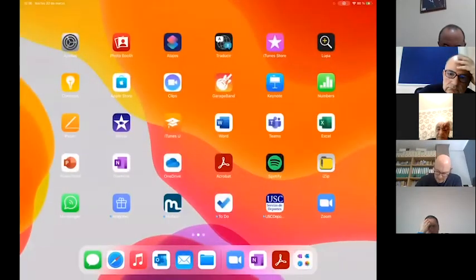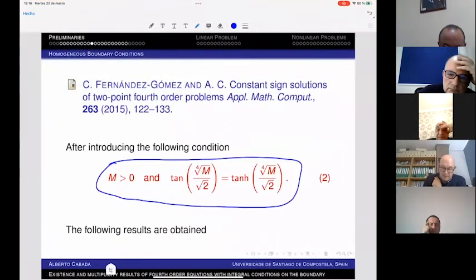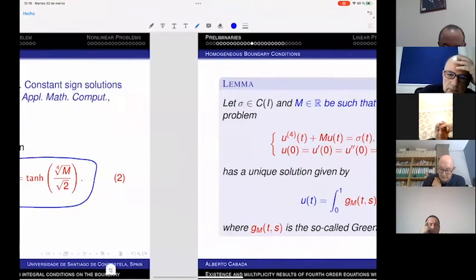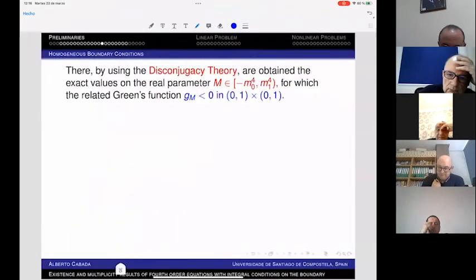And so here, in this problem, in this paper, remember when I worked with Carlos Fernandez, we studied the values of m and characterized the values where the Green function of problem 3.1 is strictly negative.